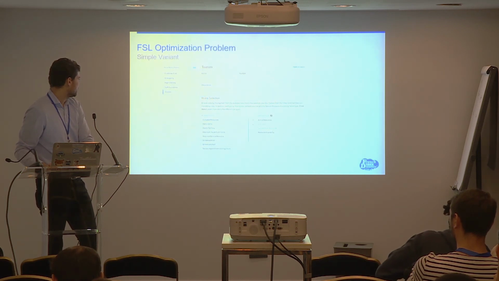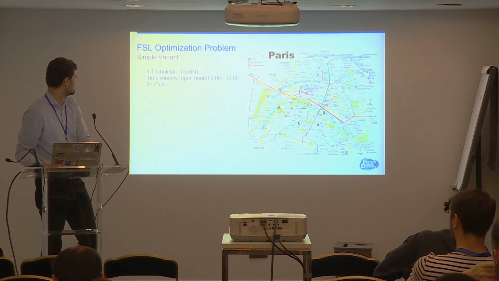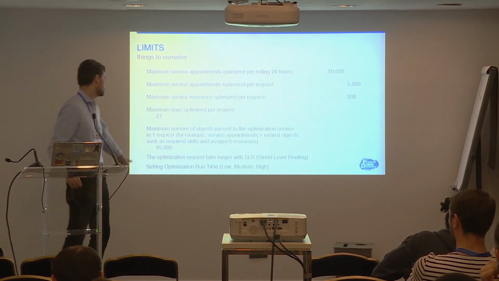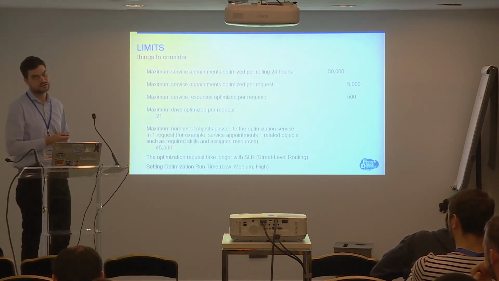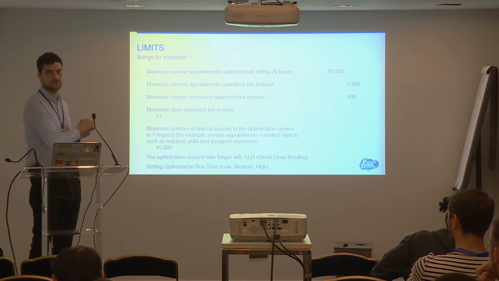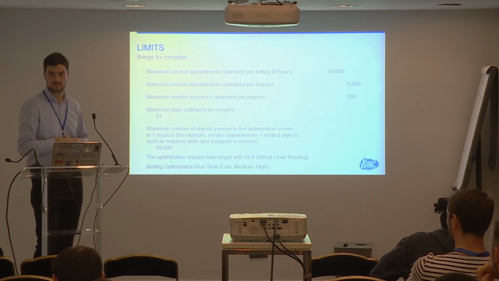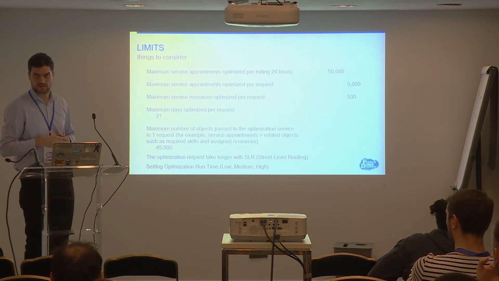And we can define the SLR, I believe, the street level routing option. Yeah, this one. I don't know if street level routing is based on Google Map or not, but it will consider the route using the normal roads, so the calculation will be more accurate for the distances.